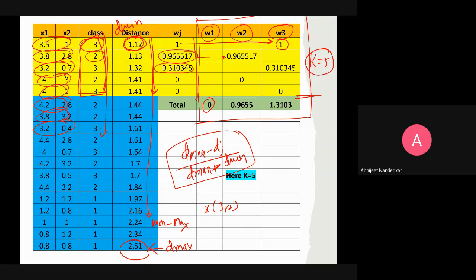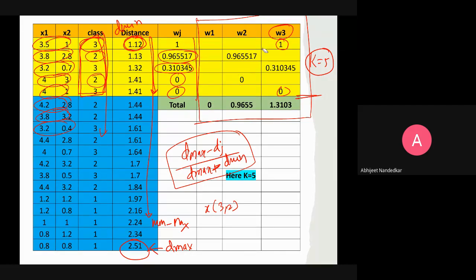Then the third one belongs to omega 3, so I put it here. The fourth sample belongs to omega 2 and its importance is 0. So everybody is now placed in the proper position.